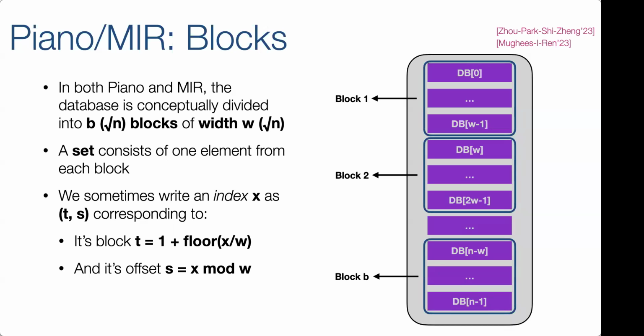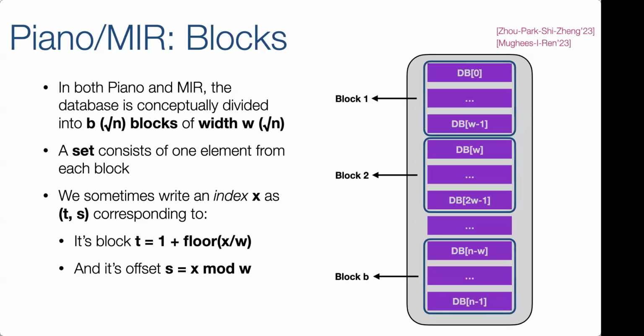Both Piano and MIR have the structure where they view the database as separated into B blocks, each of width W. Every time I say B or W, you can plug in square root of N, but I'll keep them as B and W because they do trade off, and we'll talk about that at the end maybe. A set in both of these schemes, or the relevant part of the hint, consists of one element from each block.